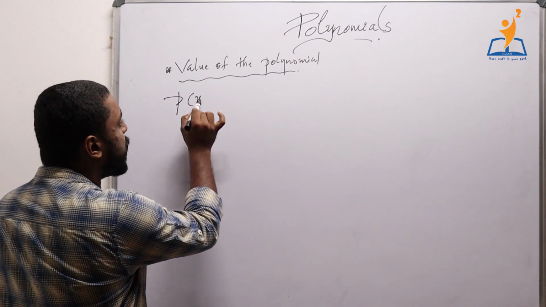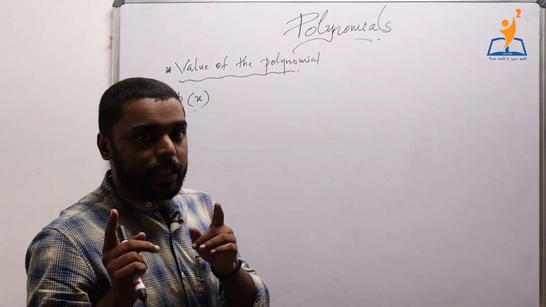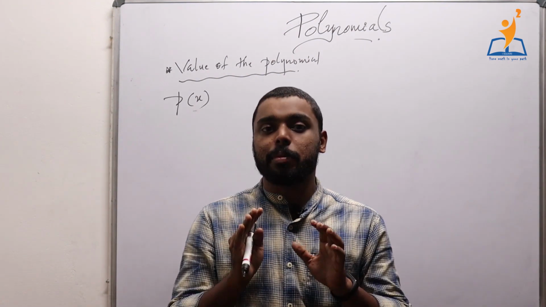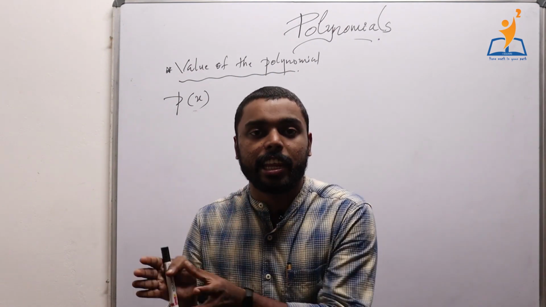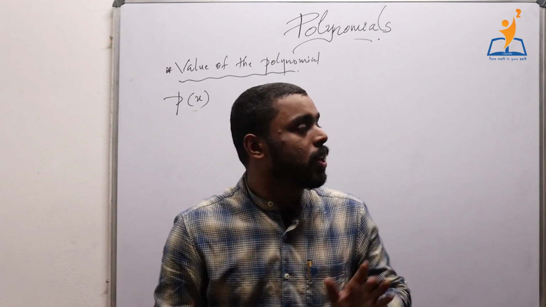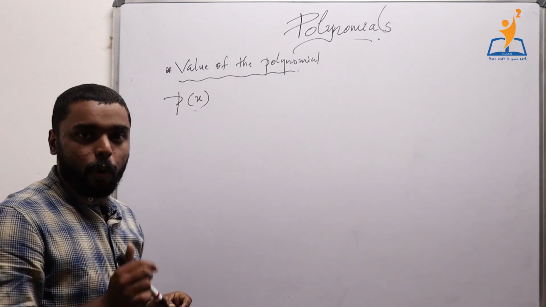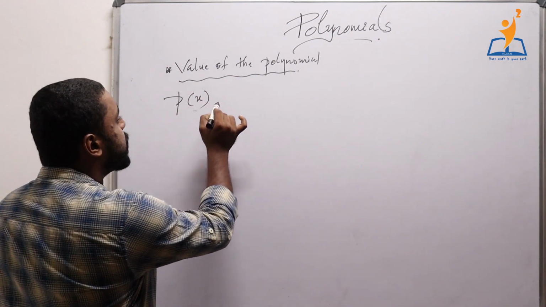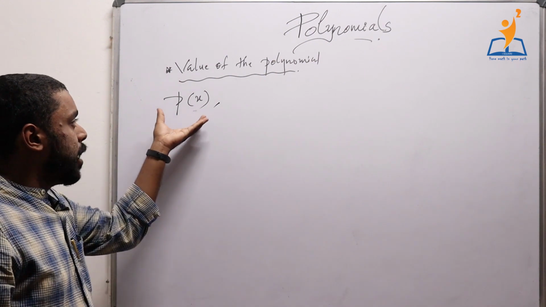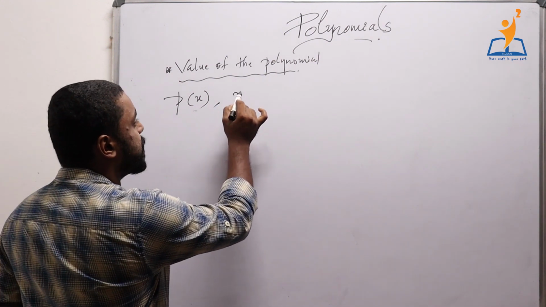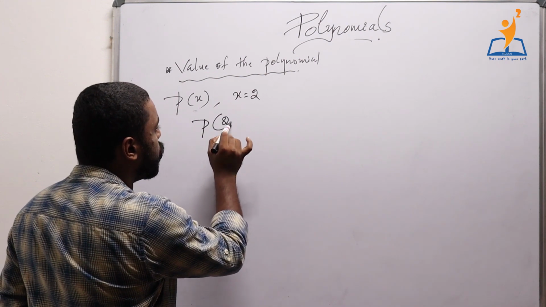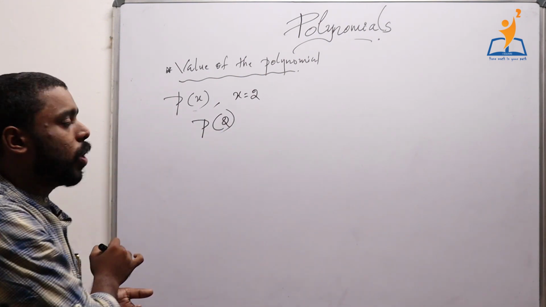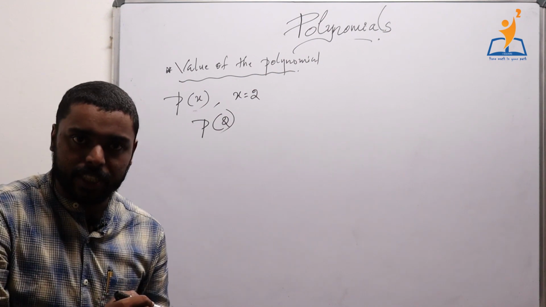Let p of x be a polynomial. I said that any polynomial can be named p of x, which can be read as polynomial in the variable x, or polynomial in x. Now the value of the polynomial p of x at x equal to 2 can be obtained by substituting x equal to 2 in the algebraic expression.